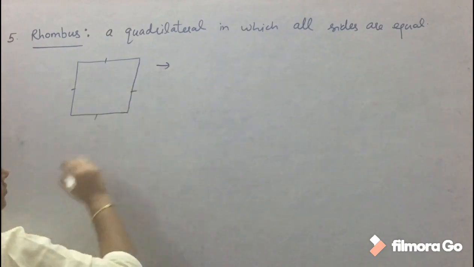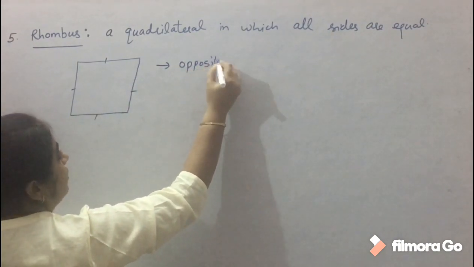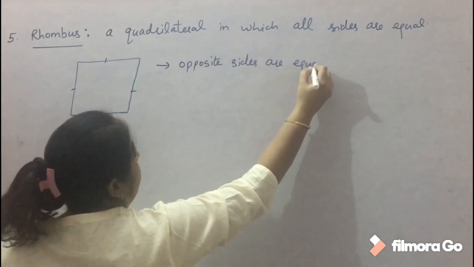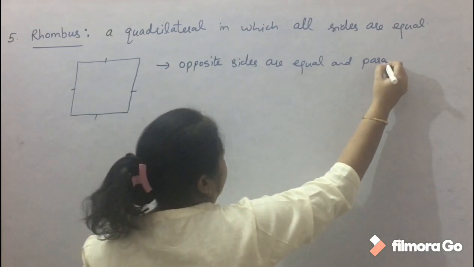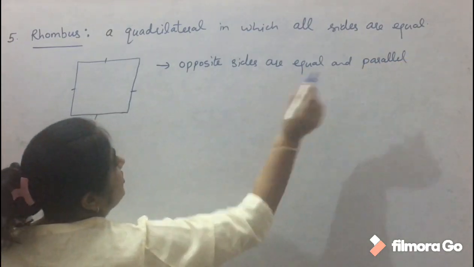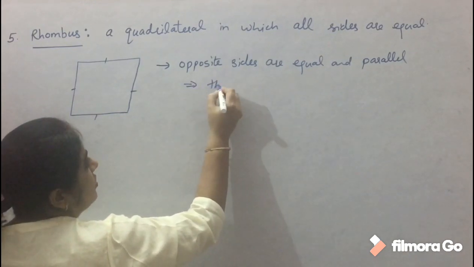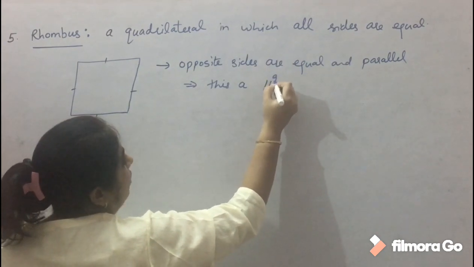What are the properties? That opposite sides are equal and parallel. We know all sides are equal, so obviously opposite sides are equal and parallel. It means this is a parallelogram.